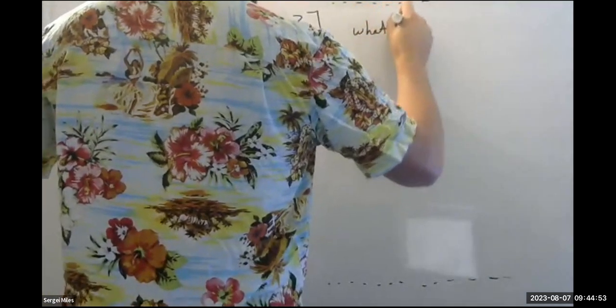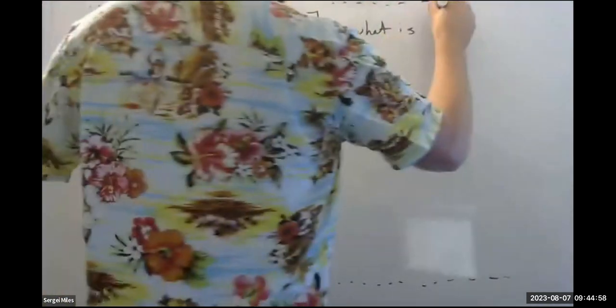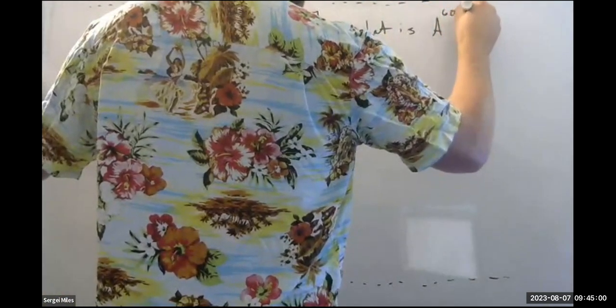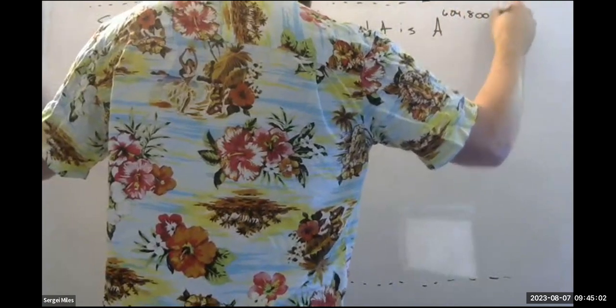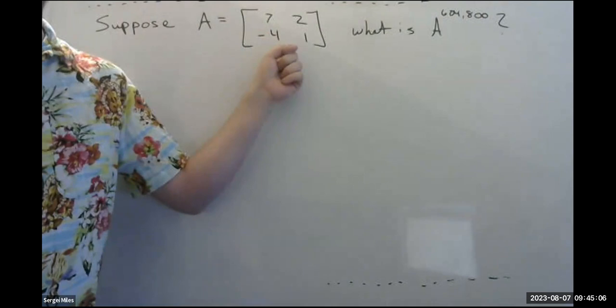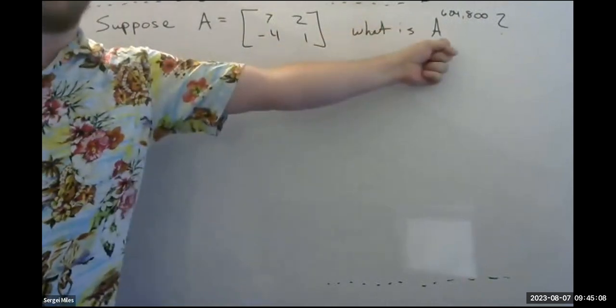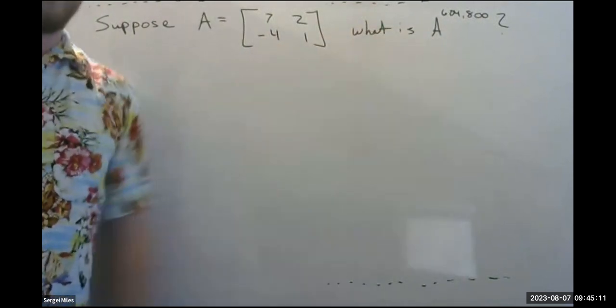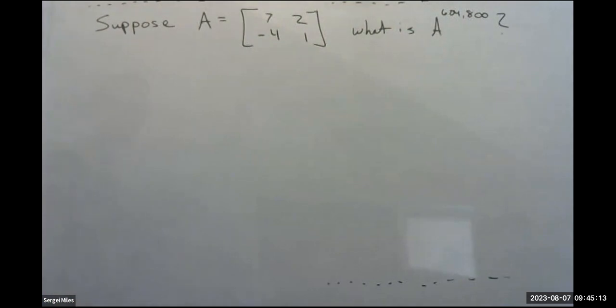And I would like to know what A raised to the 604,800 is, right? Some big number where even if you were doing this on your calculator, that's going to take forever to do, right? So it's like, okay, how can we do this instead?